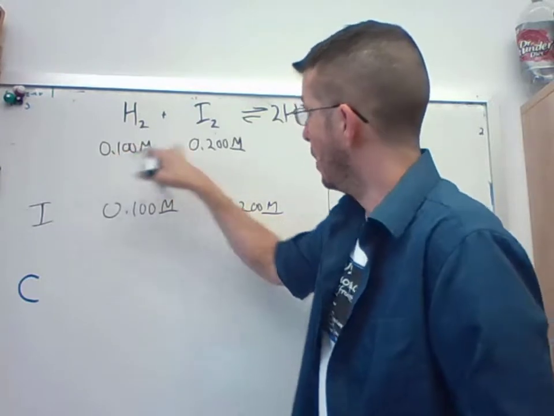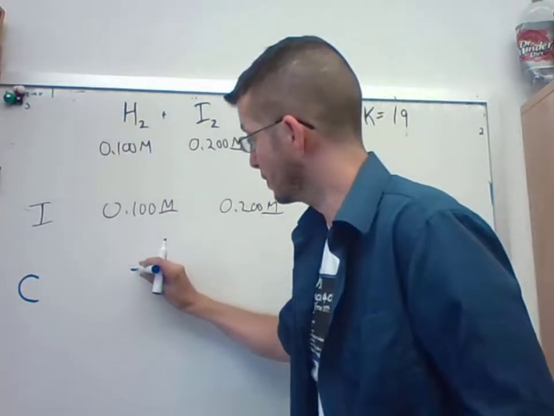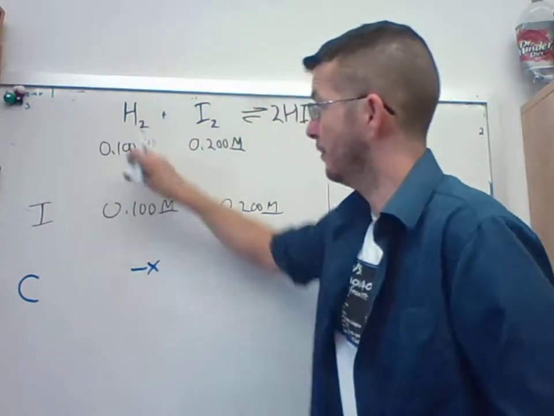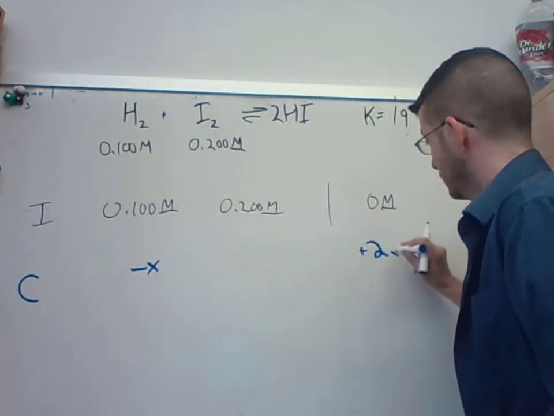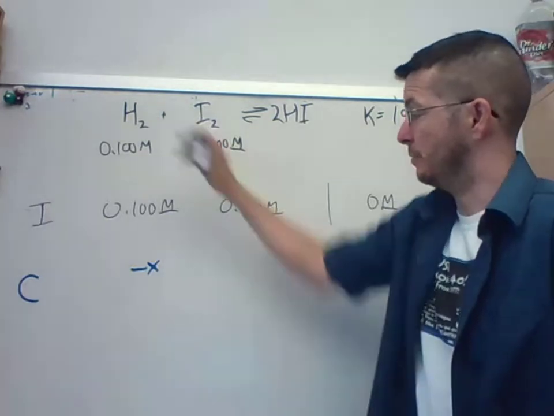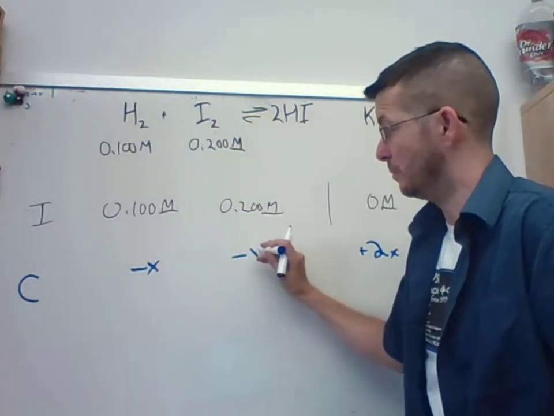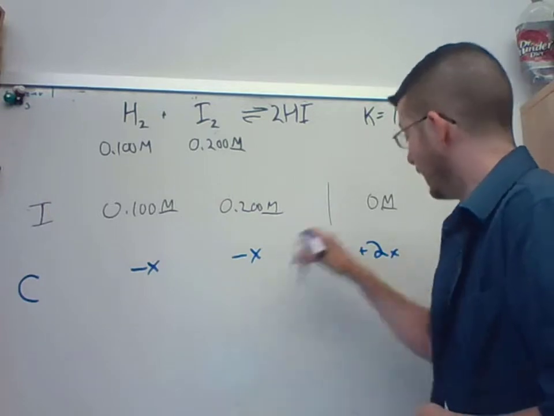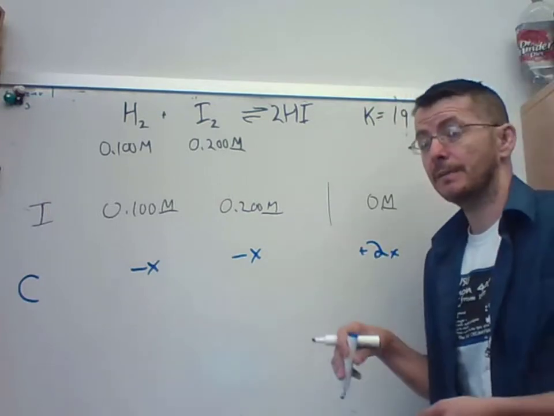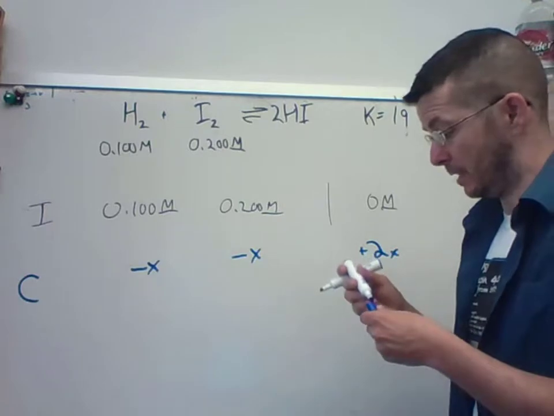Some of the H2 is going to be lost to make HI, so we'll just call that minus x. For every one of those that's lost, it's also going to consume an equal amount of the iodine, and that will produce 2 HI. Again, not unexpected from our ICE table.